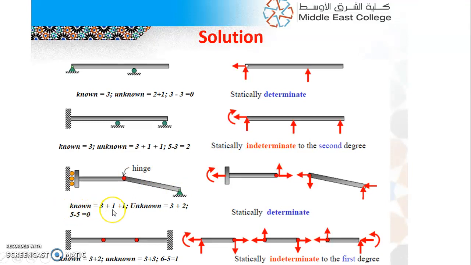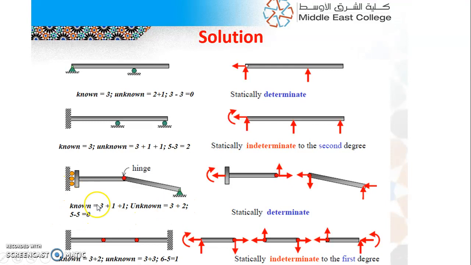We'll talk about knowns later. First we'll see how many unknowns there are. For the fixed support there are 3 reactions, and for the hinge there are 2 reactions. So 3 plus 2 is 5.